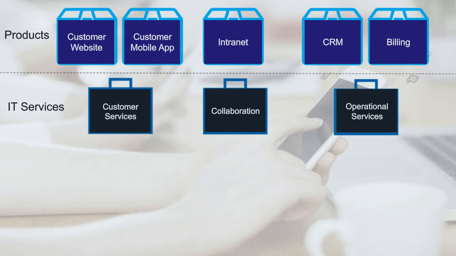And so from an external point of view, maybe we're going to group our customer website and customer mobile app into a customer services bucket. Now, in regards to this, when you're defining an IT service, then you're going to be setting service level agreements. You're going to be setting operational level agreements. Internally, our intranet products we may put into a collaboration service, and our CRM and billing products may go into operational services.